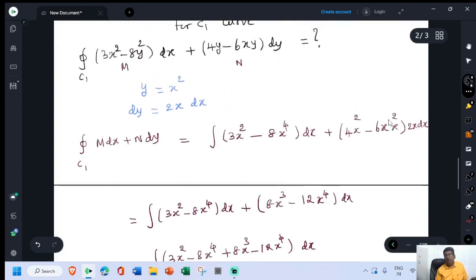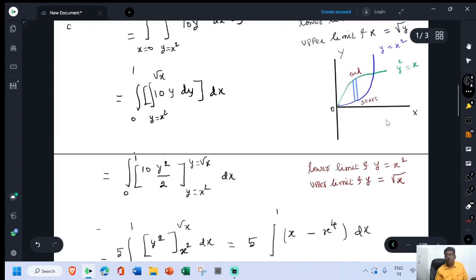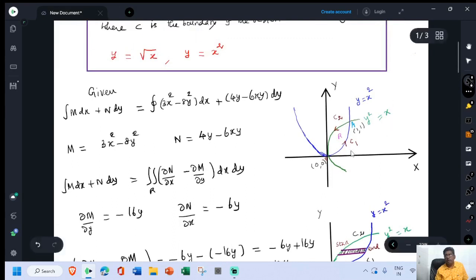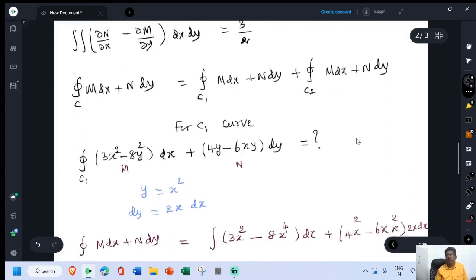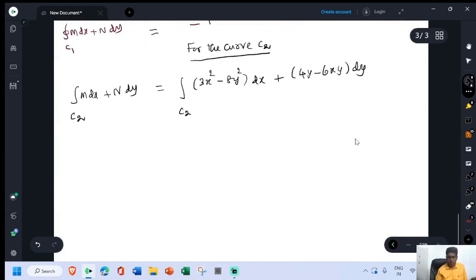For the curve C2, what is the equation we have to see? For the curve C2, the equation is y square is equal to x. Therefore, 2y dy equal to dx.